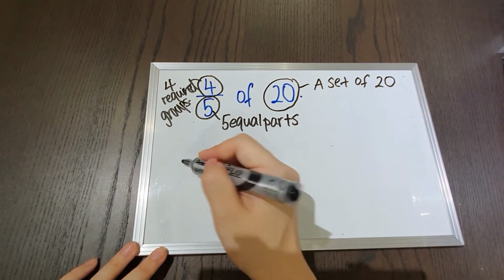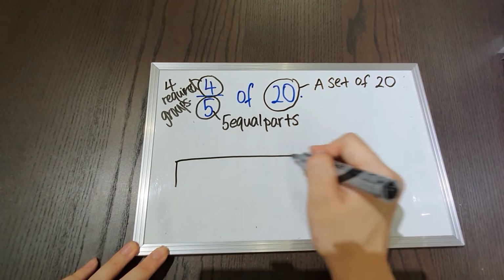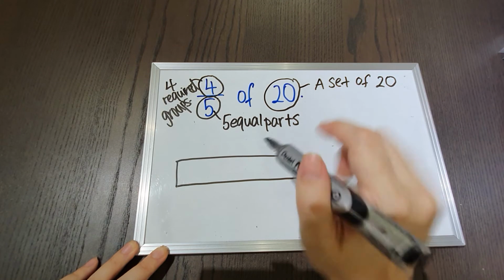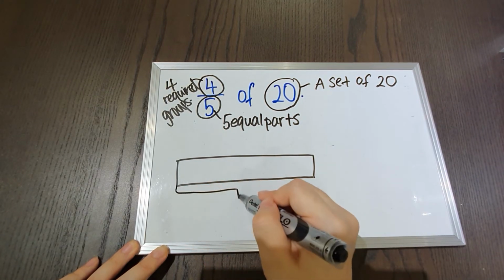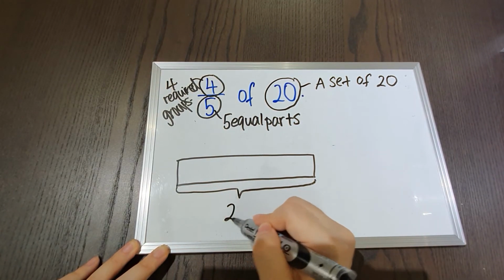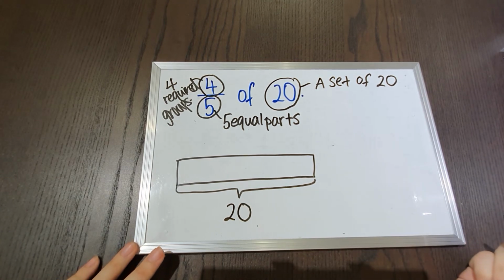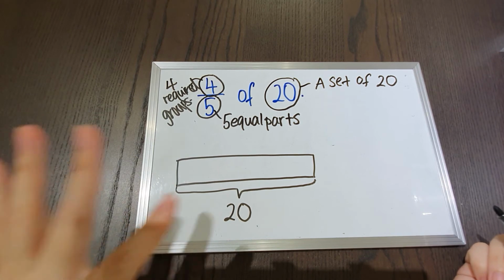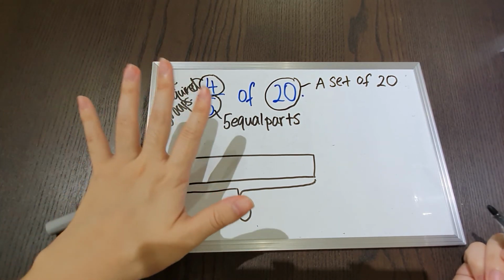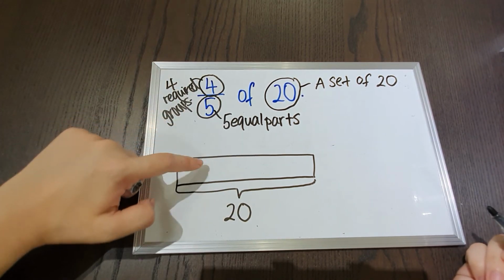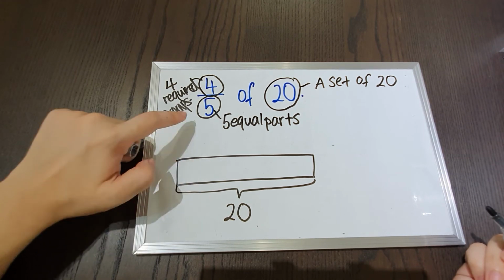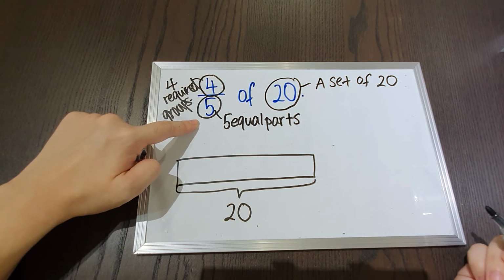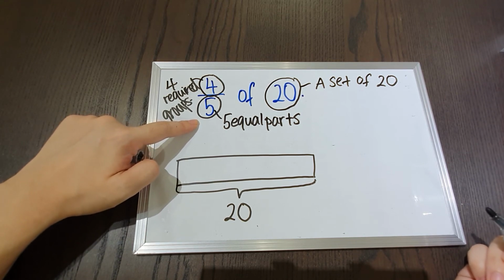So, I'm going to first draw a bar to represent my set of 20. So this whole bar will represent 20. So, am I going to cut this bar into groups of 4 or 5? Okay, always cut your model based on your denominator, because the denominator tells you how many equal parts there are.